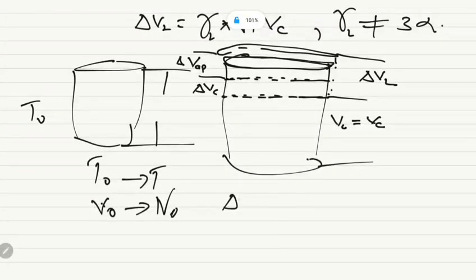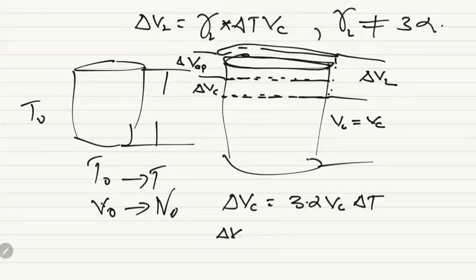First, the change in volume of the container is 3 times alpha times the volume at the colder temperature times the change in temperature. And the change in volume of the liquid is gamma of the liquid times the volume at the colder temperature, which is the same as for the solid, and the change in temperature is also the same.